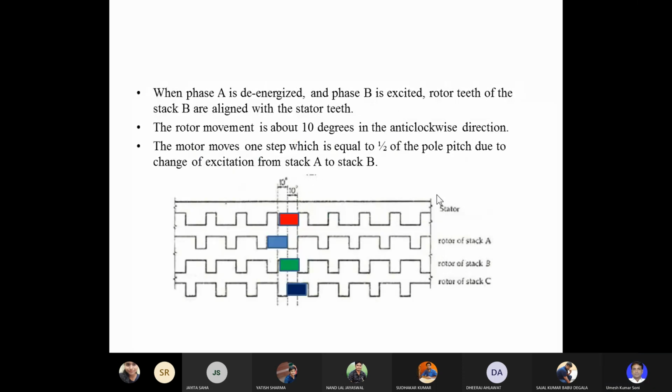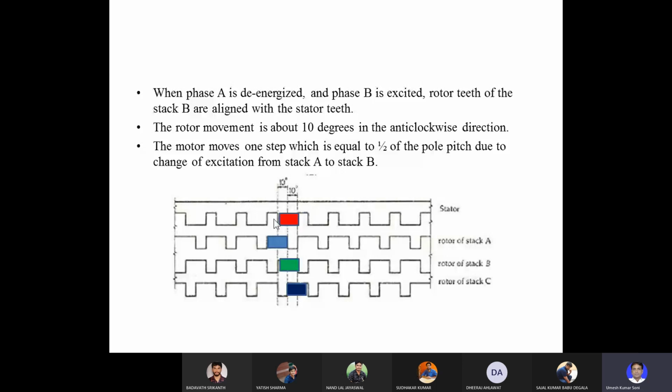Now when you energize phase B, the energization of phase B will attract the green color teeth 1, so it will align in its direction.